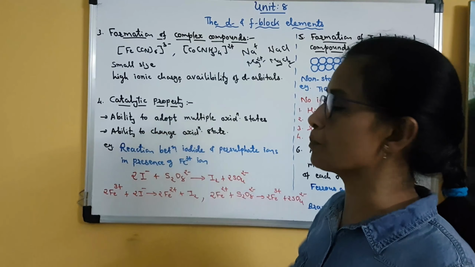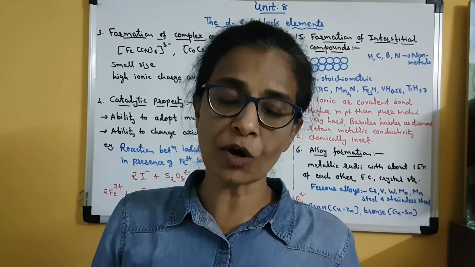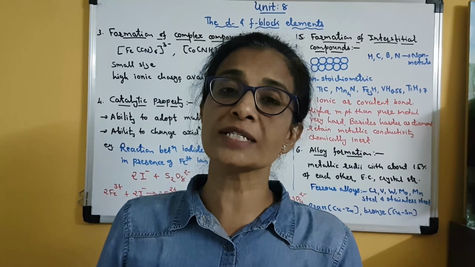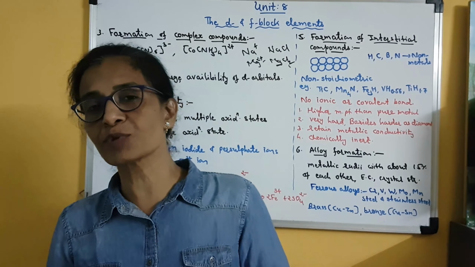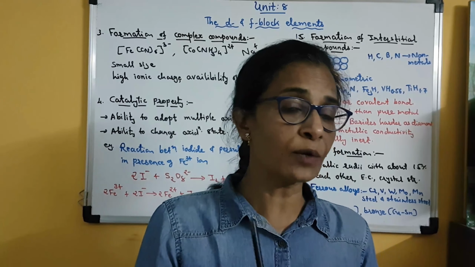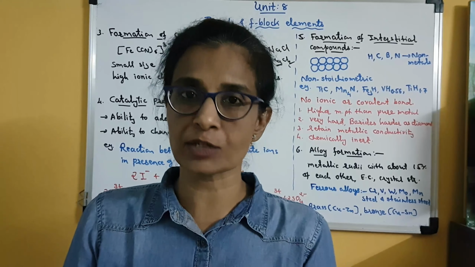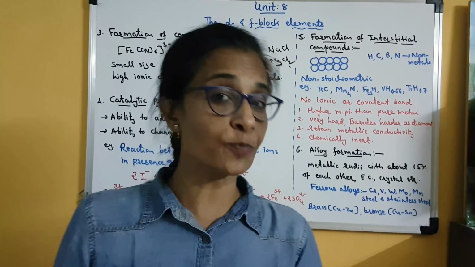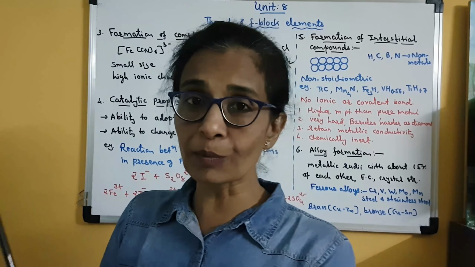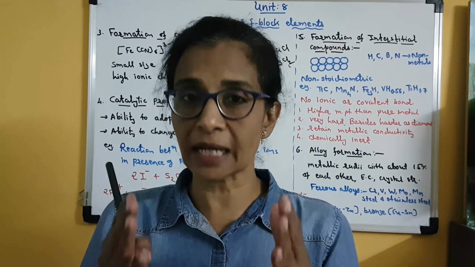Next is catalytic property. Many transition metal ions or their compounds are used as catalysts. For example, in the contact process, which we have studied in p block elements, vanadium pentoxide V2O5 is used as a catalyst. Vanadium is a transition element. Clear? Then in Haber's process, the industrial production of ammonia from nitrogen and hydrogen, iron powder is used as a catalyst.